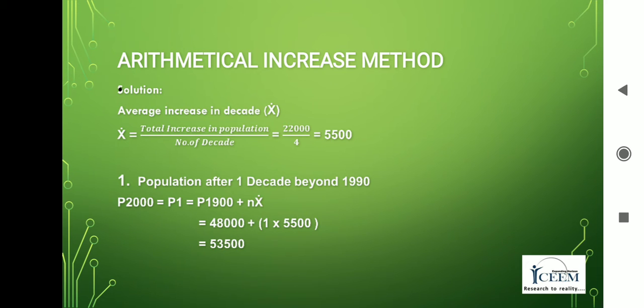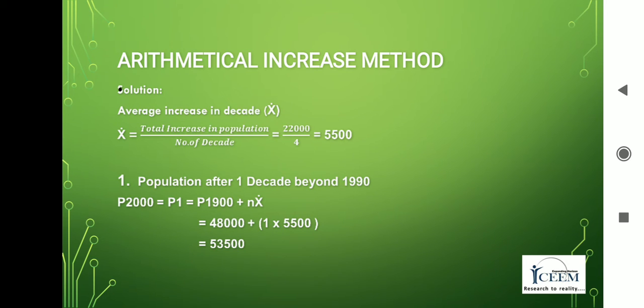Then after 1990, the year 2000 will come after 1 decade. Therefore P2000 is equal to P1990, sorry, that will be typed as 1990, that is 1990 plus number of decade, that is 1, and the value of x bar.